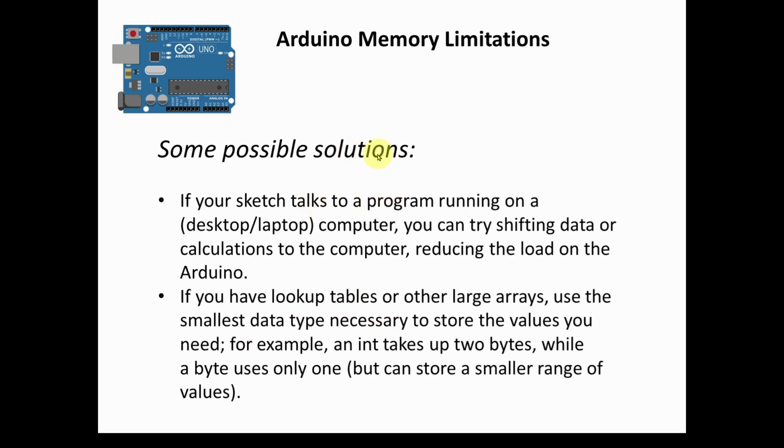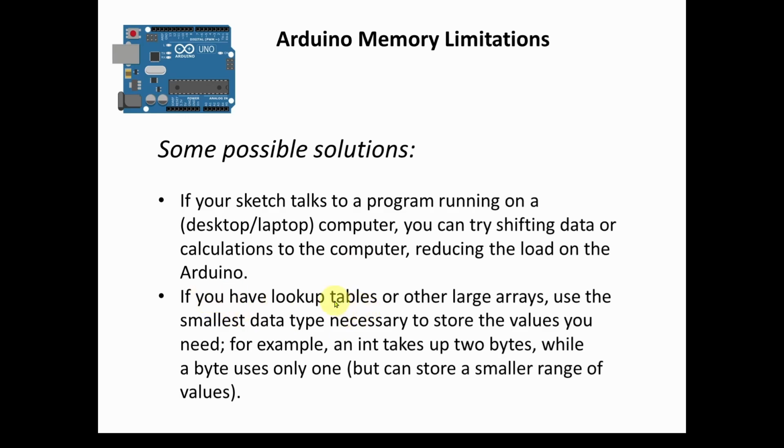Some possible solutions in general for making sure you don't run out of SRAM. If your sketch talks to a program running on a desktop or laptop, as we do, you can try shifting data or calculations to the computer, reducing the load on the Arduino. We may want to consider that. Since we have a computer, maybe offload some stuff to the computer. Maybe not, but at least it's something to think of.